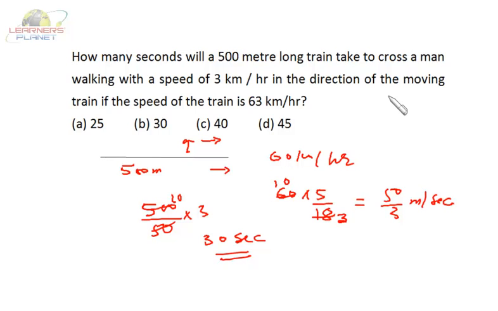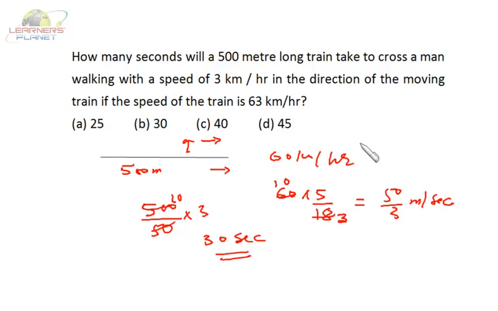In the other case, if the train is going in the opposite direction of the person, the train will take less time to cross that moving body. So we have to be very clear with both concepts, and that other moving body can sometimes be moving trains also, so we'll be taking problems of moving trains too. I hope you are clear.